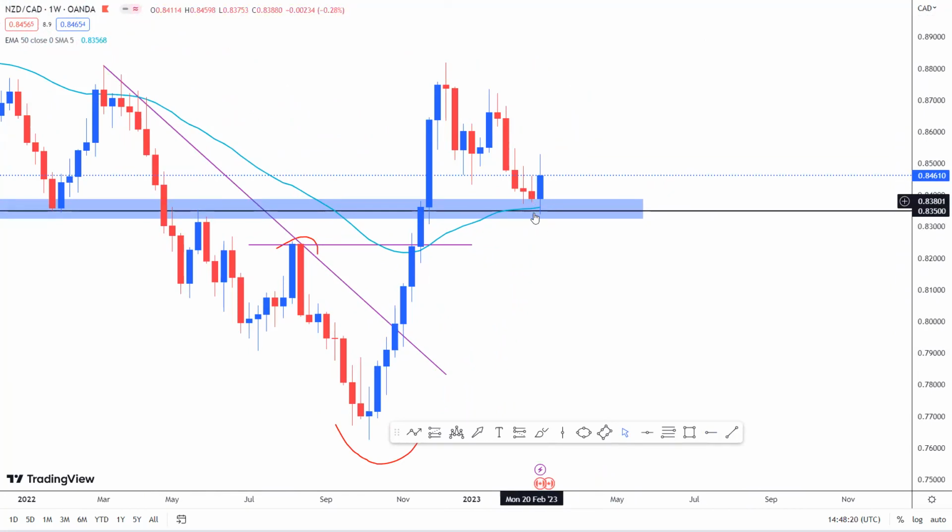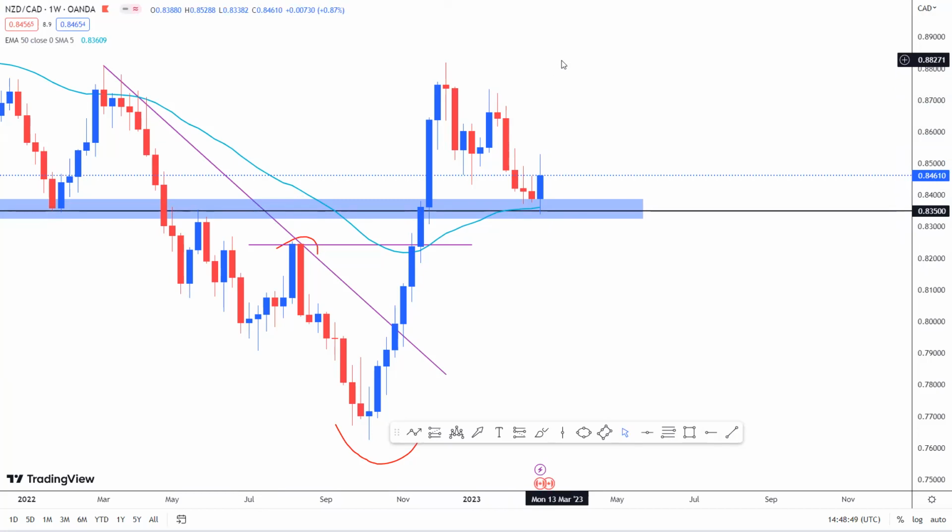Clearly, we have a break and a retest of a key level, a break and a retest of the 50 exponential moving average acting as a dynamic support, previously broken resistance now turning support, and then price brings us a momentum candlestick, a weekly bullish engulfing candlestick from a key level, signifying that we're most likely going to start heading to the upside.